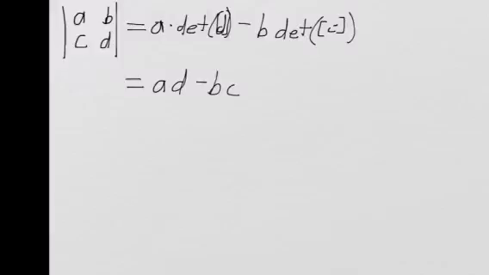So we can just do that in general. We're going to take AD minus BC.